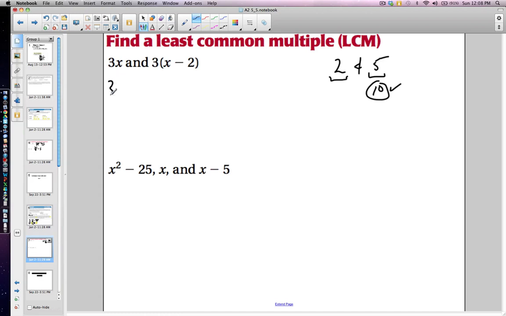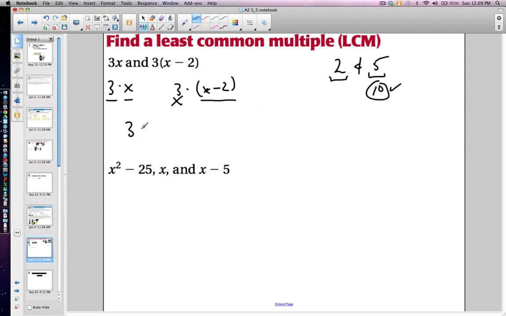So here I have factors of 3 and x, and here I have factors of 3 and x minus 2. So I'm going to use the 3. I need to use the x. Now, here's the 3, but I've already used it. I don't need to use this one. And x minus 2, that's a new factor.